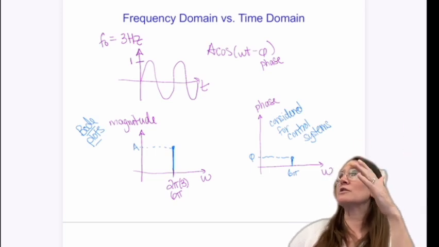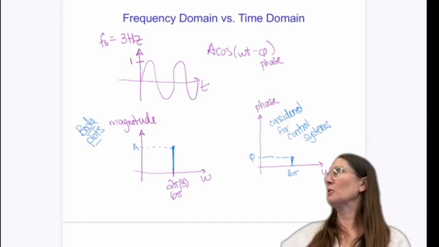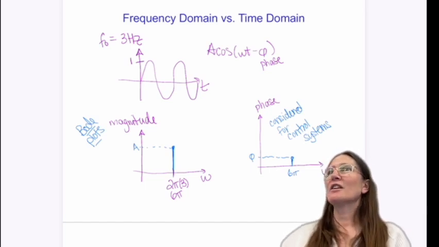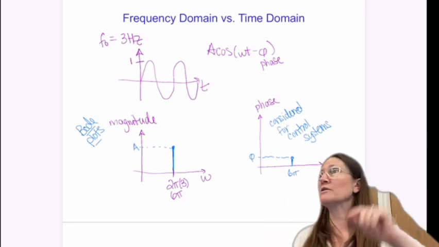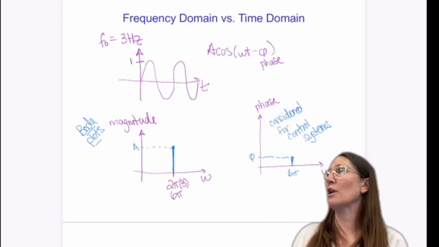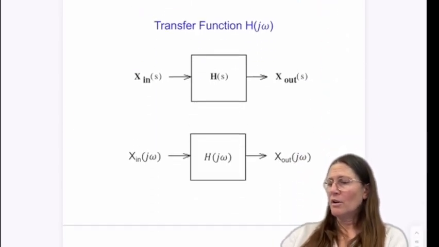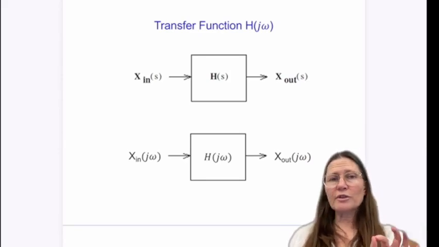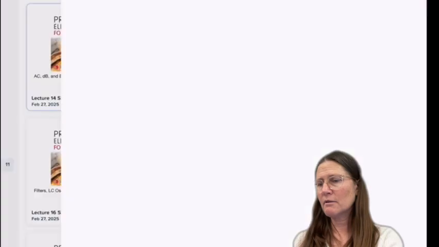What if I change this from 3 hertz to 1 hertz or 1 megahertz? What this graph does is tell you at each frequency what is happening at your output for the magnitude. So these are kind of the same. As I said, S is equal to J omega.